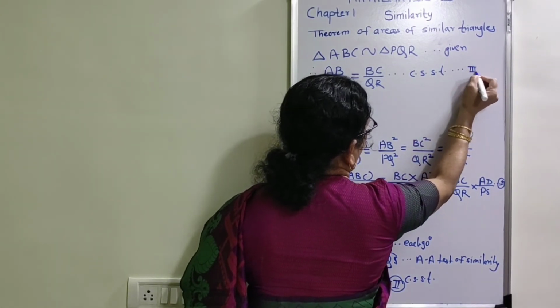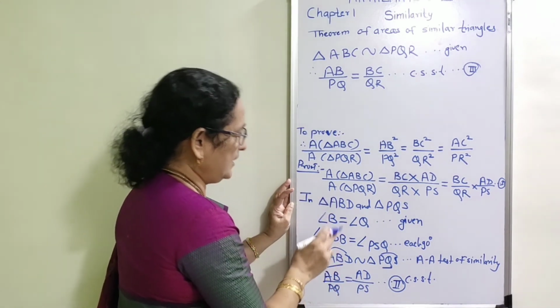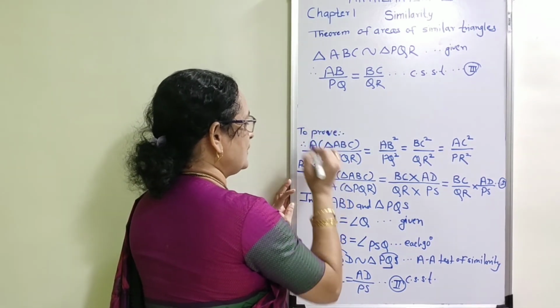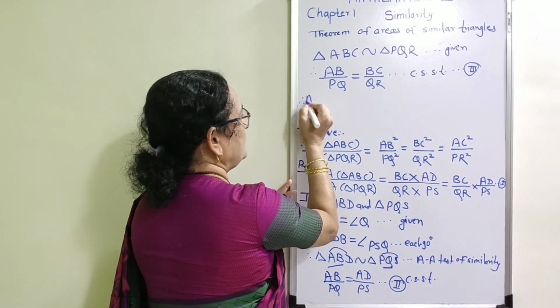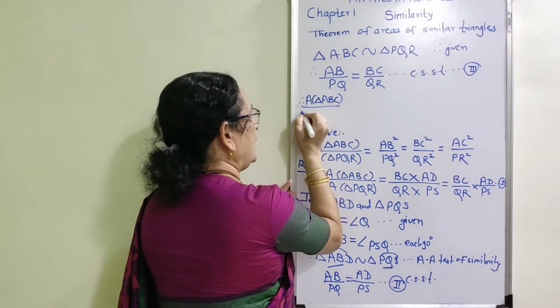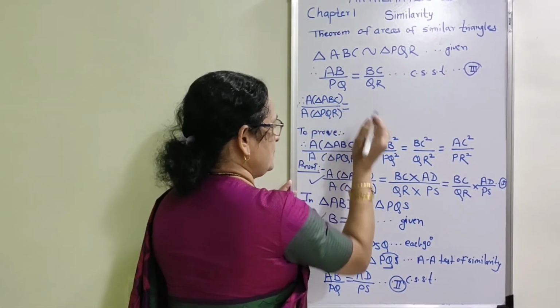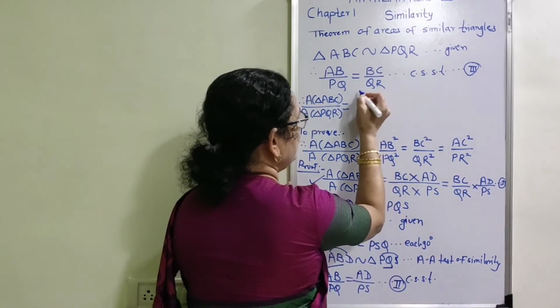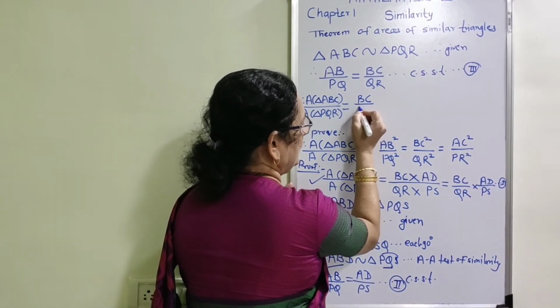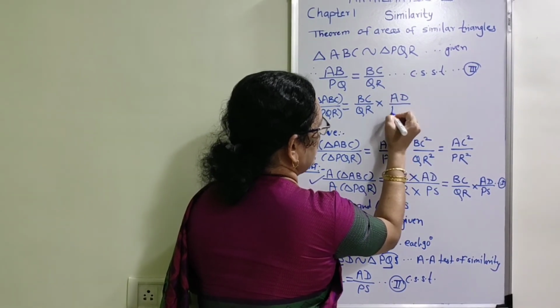This is my statement number 3. Now observe statements number 1, 2 and 3. I am going to write my first step again. Therefore, area of triangle ABC upon area of triangle PQR is equal to, writing the last step, BC upon QR multiplied by AD upon PS.